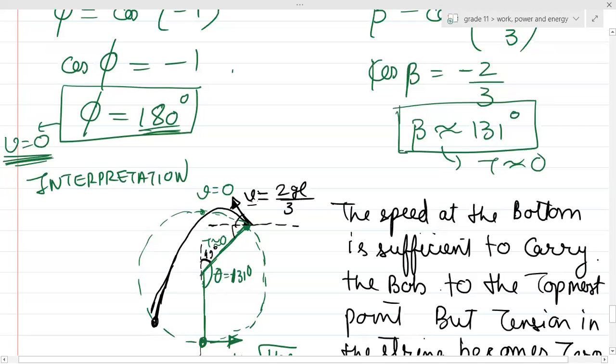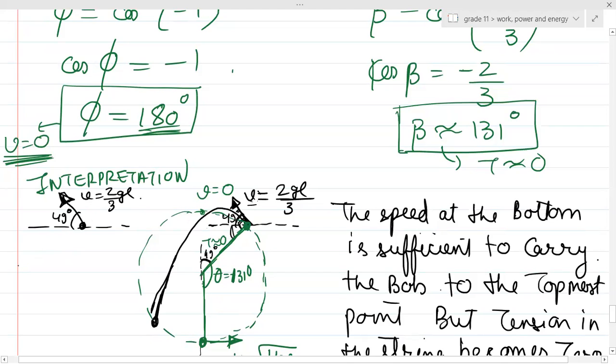So this angle again will be 49 degrees, and this will be 41. No, this angle is 90. Oh, yes, sir. So always remember the velocity with which it will be thrown at the top. This velocity will be under root of 2 by 3 gl, and the angle is basically 41.